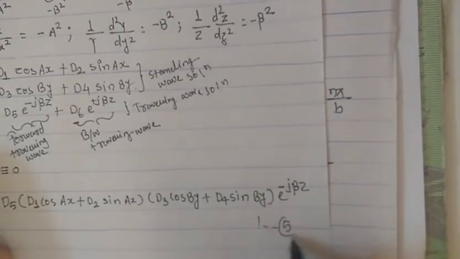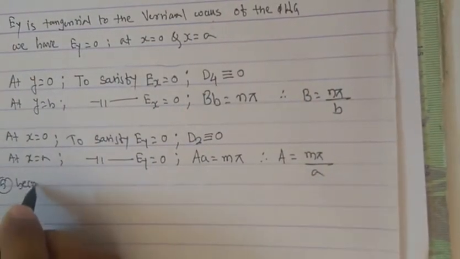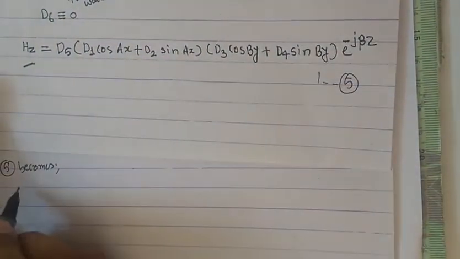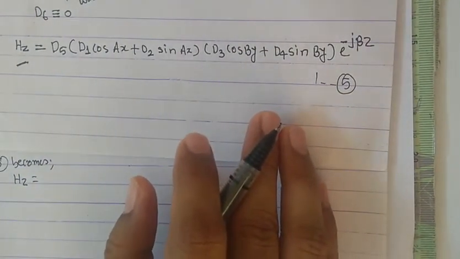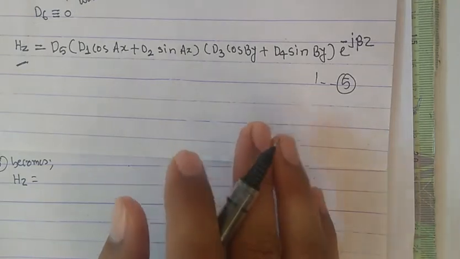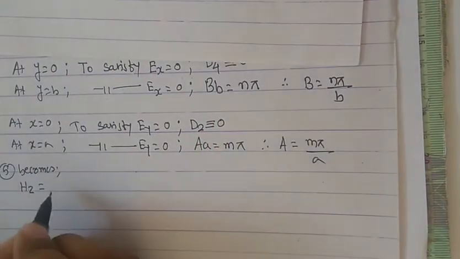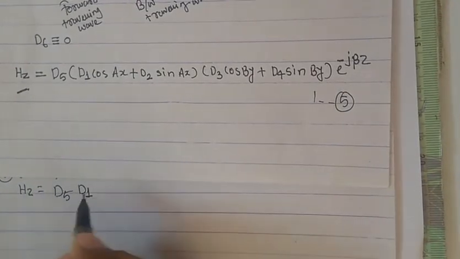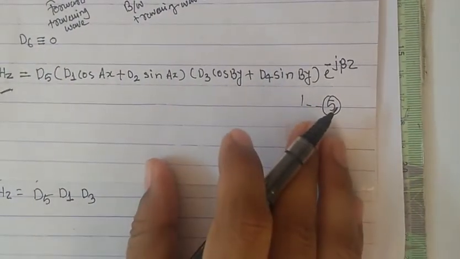So your equation number 5 becomes Hz equal to, because d4 and d2 are 0 after applying boundary conditions, so this will be d1 and d3.